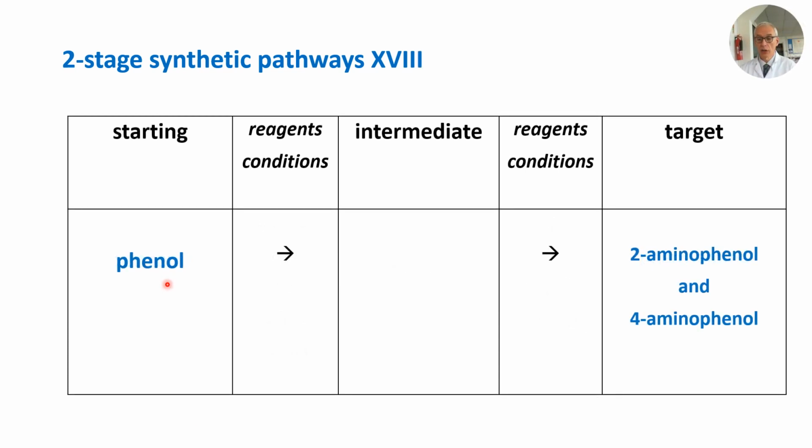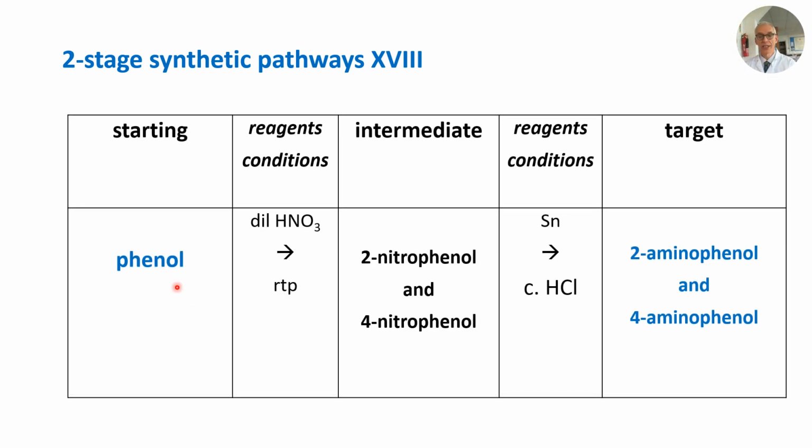Starting with phenol, 2 steps to achieve a mixture of 2-aminophenol and 4-aminophenol. Pause, come up with a solution and then restart to check. Okay, I am going to reveal.